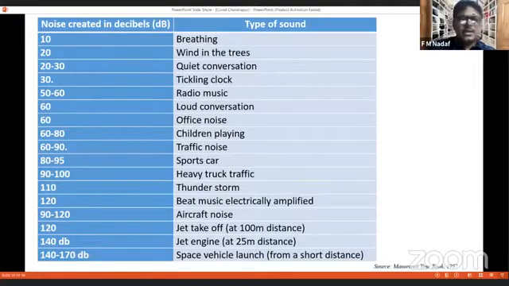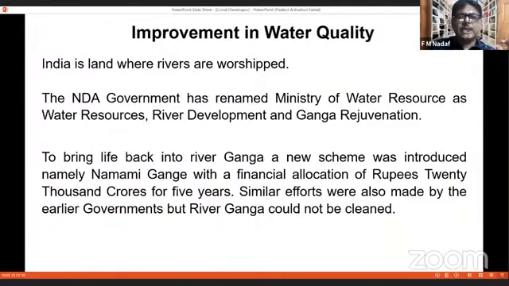We don't have to look at the different levels of noise. We just should know that human beings cannot tolerate anything more than 110 decibels. So our environment was such that our sound levels came down.